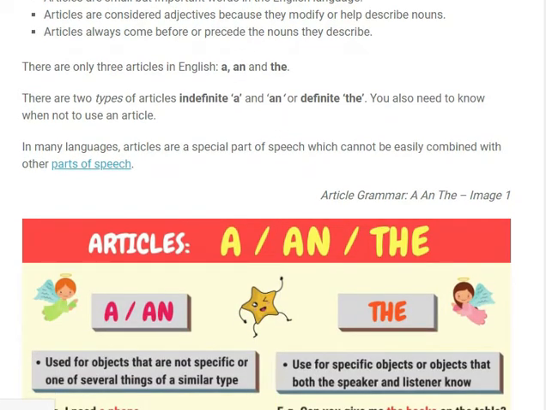There are 2 types of articles: indefinite, which are a and an, and definite, the. You also need to know when not to use an article. In many languages, articles are a specific part of speech which cannot be easily combined with other parts of speech.